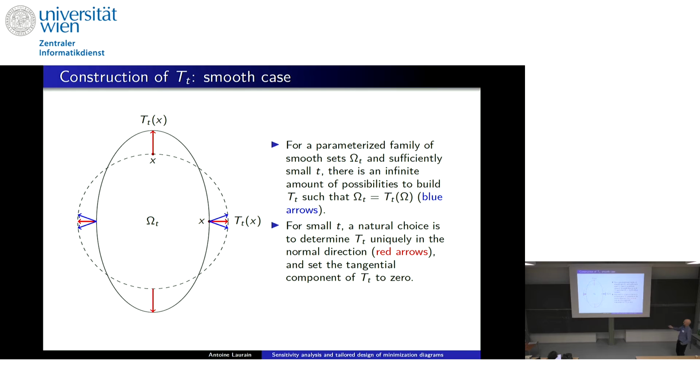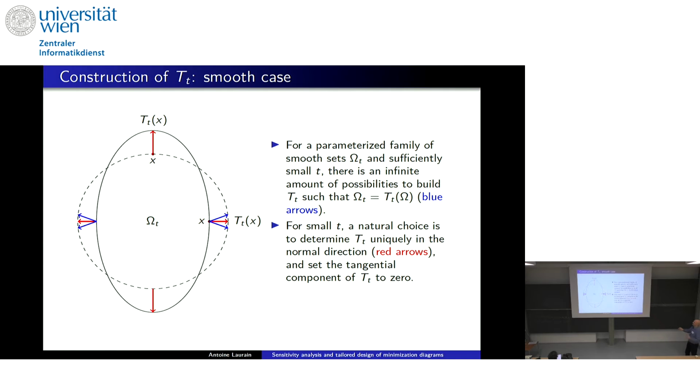So in the smooth case, you can easily imagine that you have many choices for the capital T. Let's say we have a family of parameterized shapes. To define a capital T, there are many choices because for a point X, we can send it to the perturbed omega T in different ways.